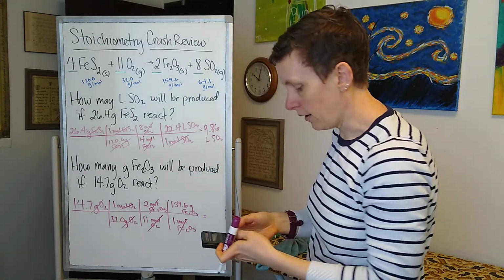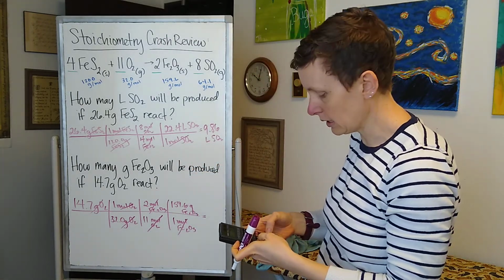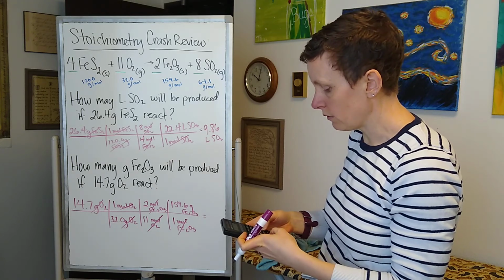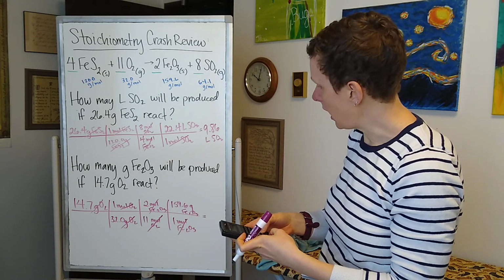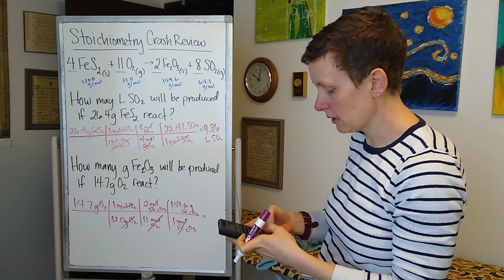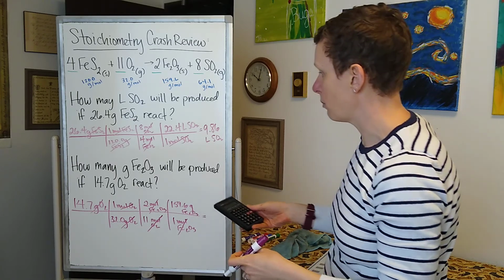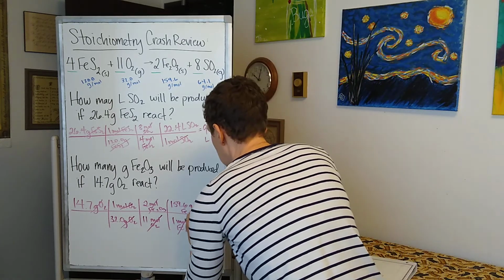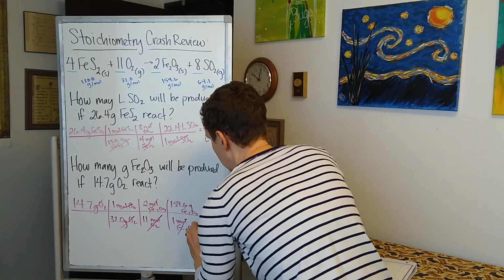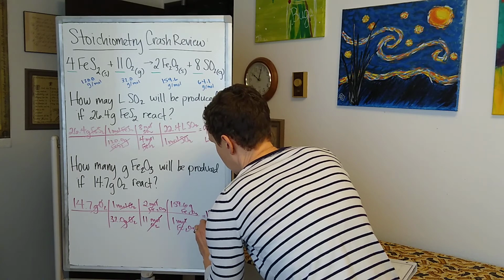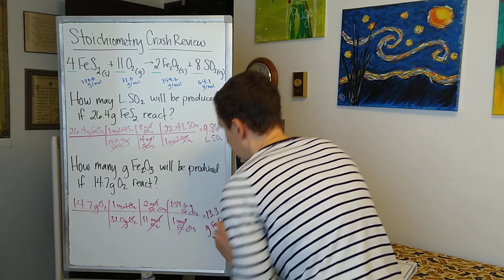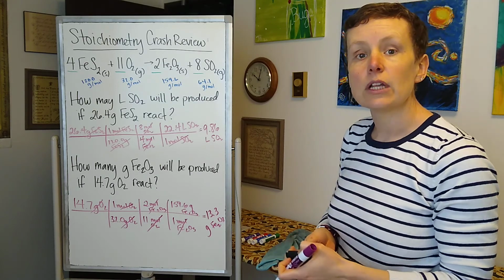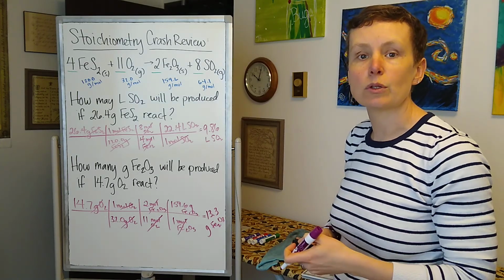Okay, punching this all into the calculator, 14.7 divided by 32.0 times 2 divided by 11 times 159.6. And you're going to end up with a number that you have to round then to 3 sig figs. So 13.3 grams of iron oxide is the answer to that one. Okay. All right, next video is going to be limiting reactants, and then we'll do percent yield.